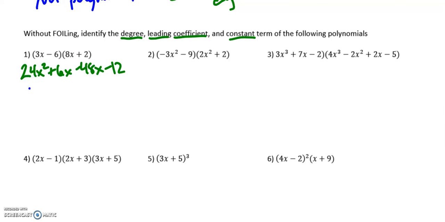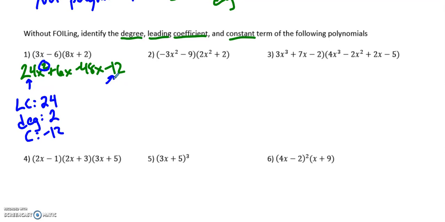So I want to look at it here and say, okay, how can I tell that the leading coefficient is going to be 24 and that the degree is going to be 2, and that the constant is going to be negative 12, all of those things without actually FOILing.